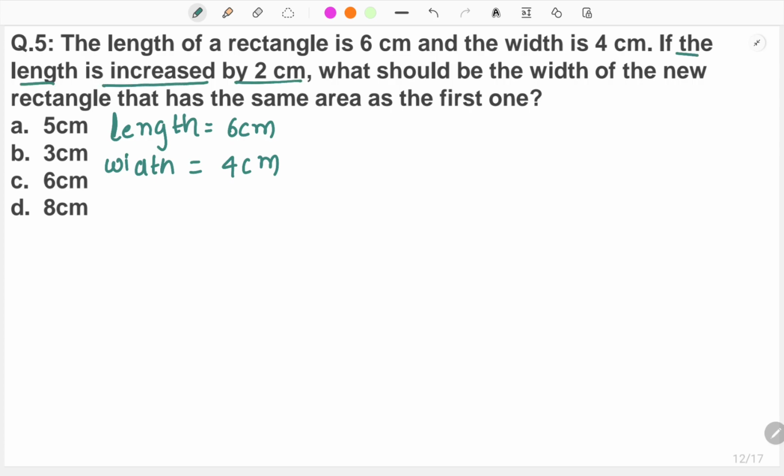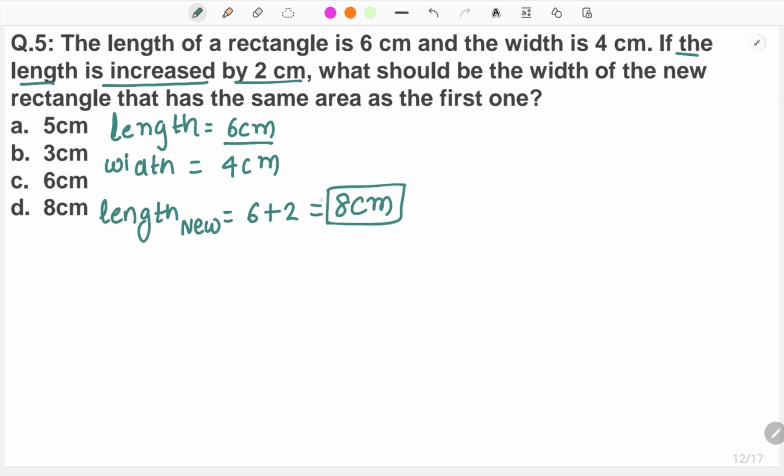Now what they are talking about is, if the length is increased by 2 centimeter, then what will be the new length? It means it will be 6 plus 2. Increased by 2, it means students, the new length will be 8 centimeter. This is your new length. Later on, what is mentioned? Look here now. We got the new length. What would be the width of the new rectangle that has the same area as that of the first one?